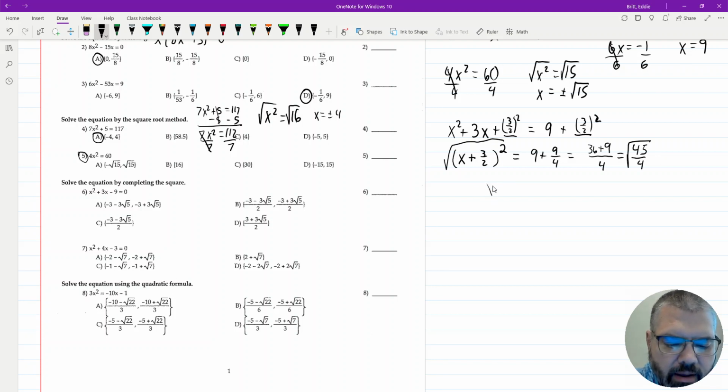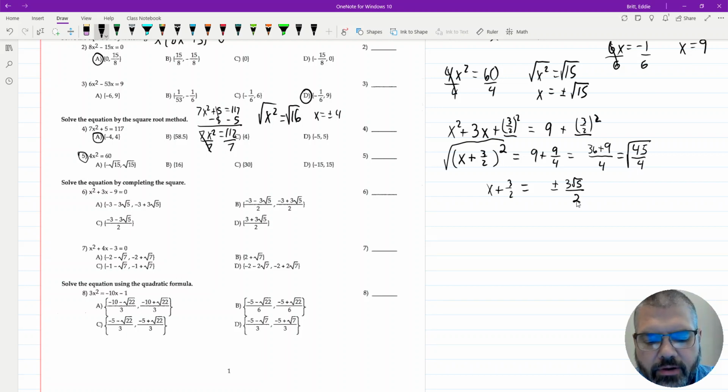We have x plus 3 halves, because taking the square root of something squared just gets rid of the exponent, equals, and I'm going to put a little space in front, put a plus or minus the square root of 45. Will that simplify? So that'll simplify to, that's the square root of 9 times the square root of 5, or 3 square roots of 5. And then over the square root of 4, the square root of 4 is 2.